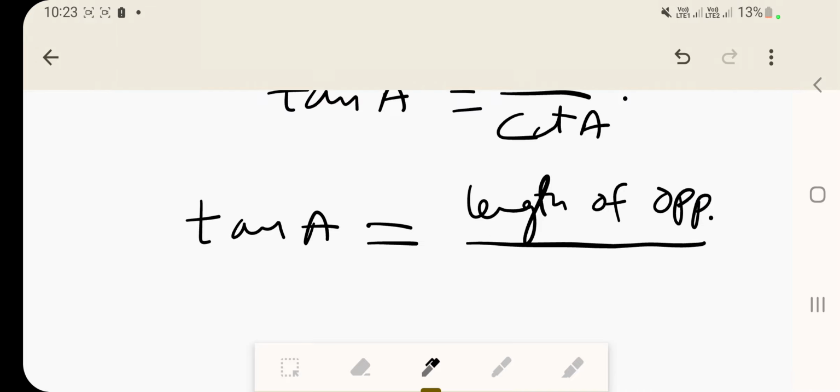And tan A is the length of the opposite side to the angle for which we want to find the tangent, divided by the length of the adjacent side.